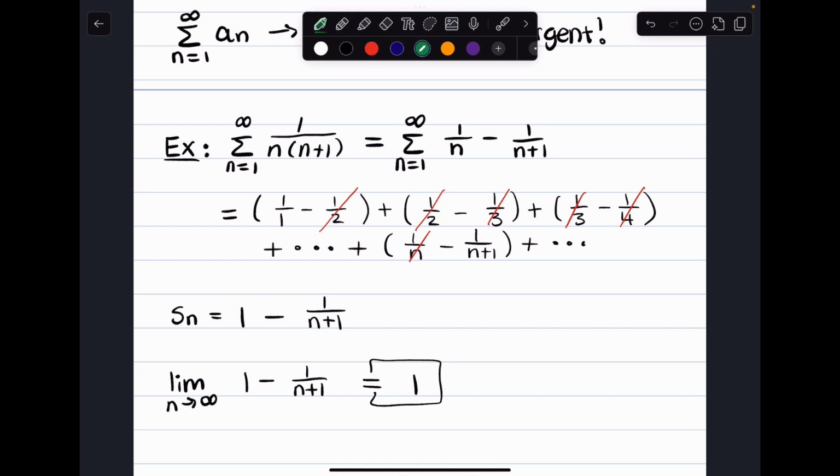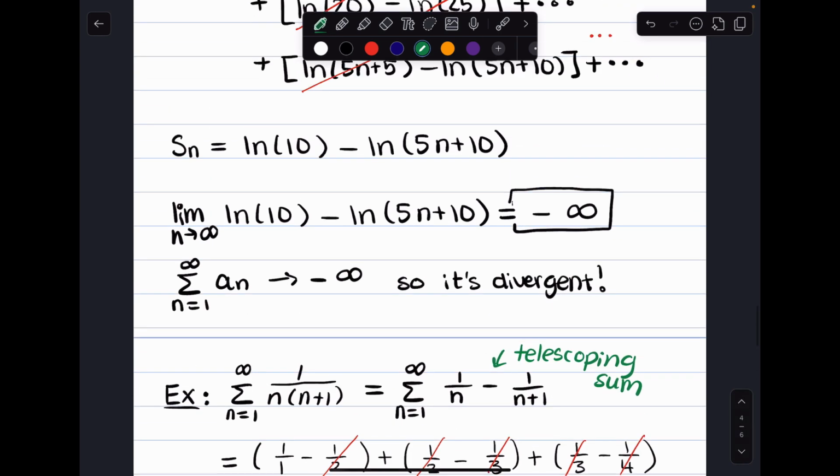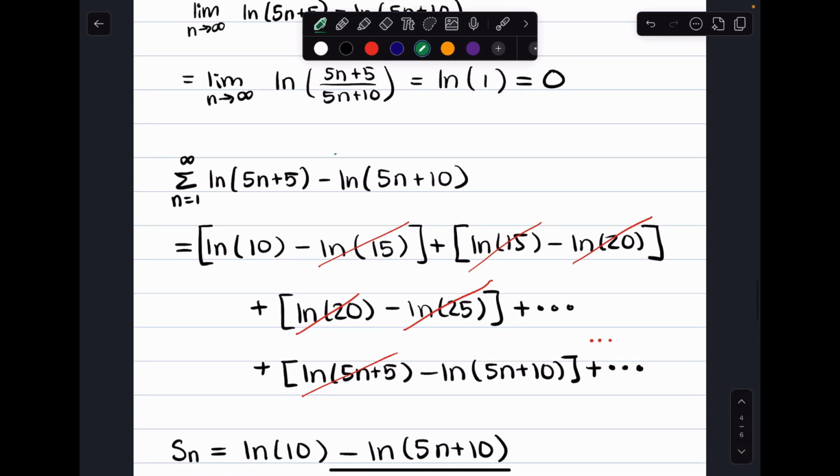So, again, to kind of hammer it in, this example we solved by looking at this as a telescoping sum, and the previous example was also a telescoping sum.